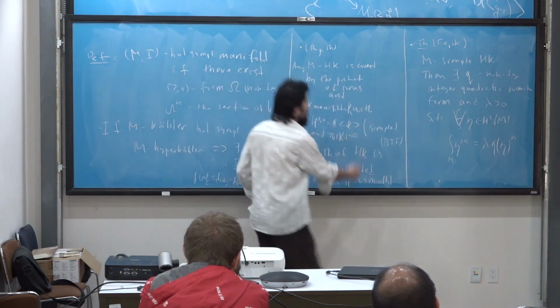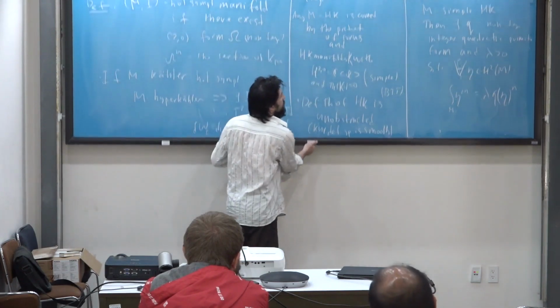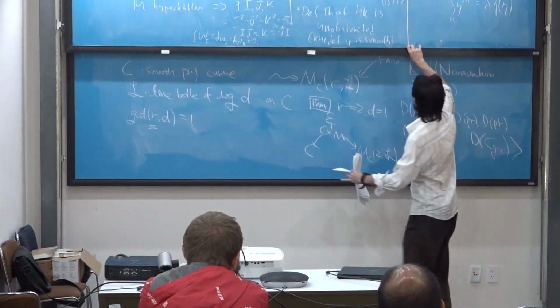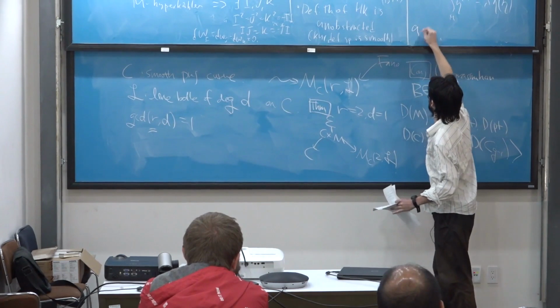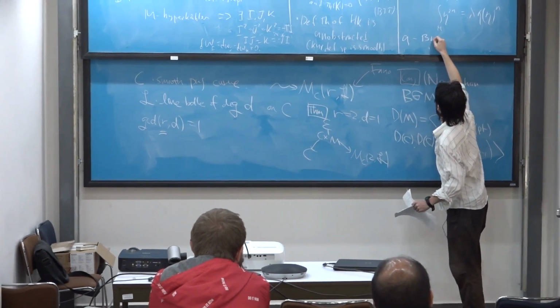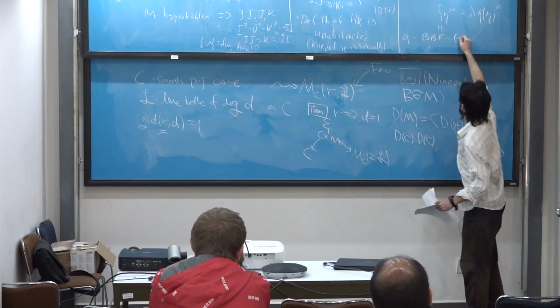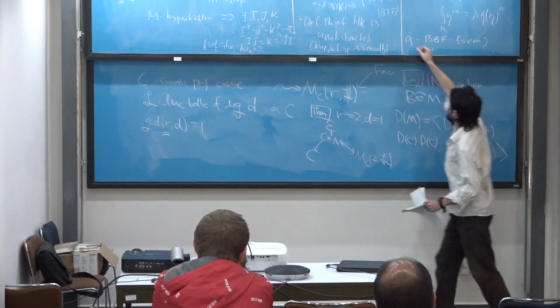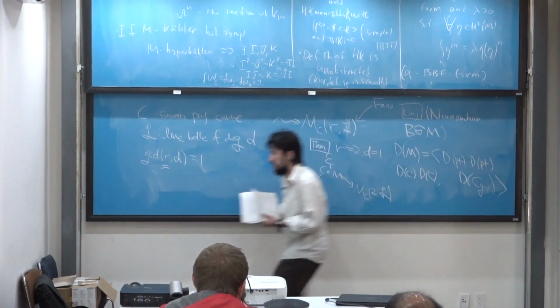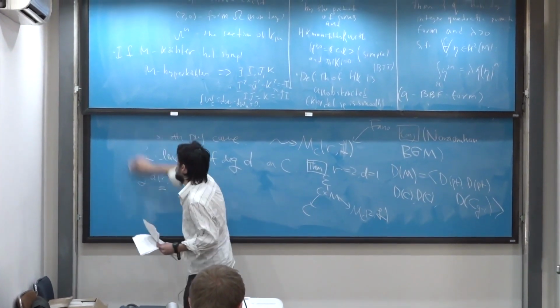This form Q is called the Beauville-Bogomolov-Fujiki form. And the existence of this form follows just from deformation theory.